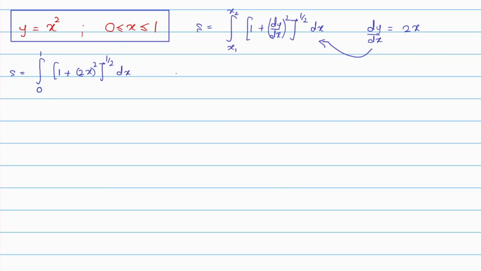Let us consider that 2x equals sine u. So if we differentiate with respect to x on both sides, we get 2 equals cos u du/dx.